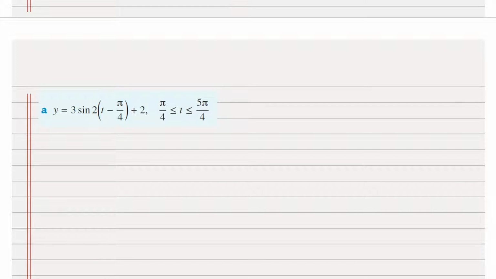So consider if we have a function y equals 3 sine 2 times (t minus pi on 4) plus 2. This particular function is of the form y equals a sine (n t plus or minus epsilon) plus b.